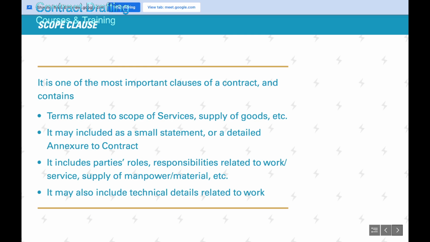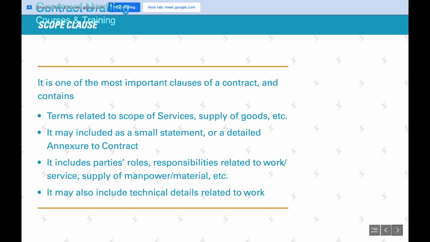It may be covered as a statement or it may also be captured in an annexure to a contract. So there are different ways you can cover it, but since it is the most important one, you have to have it in a particular clause of the contract.